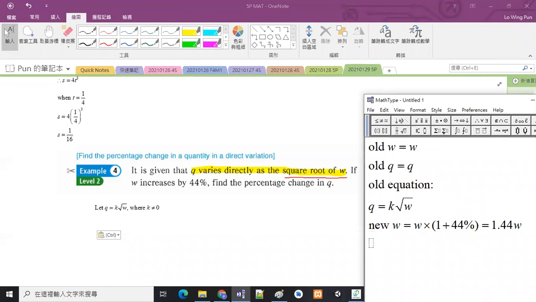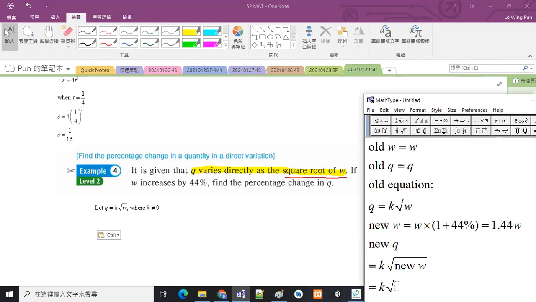OK，好啦，跟住我哋想計嘅就係 new equation 先。或者咁啦，new Q。new Q is equal to K times new W，new Q 就係要自己計出嚟嘅，係咪？Okay, but what is new W? This is the calculation part.